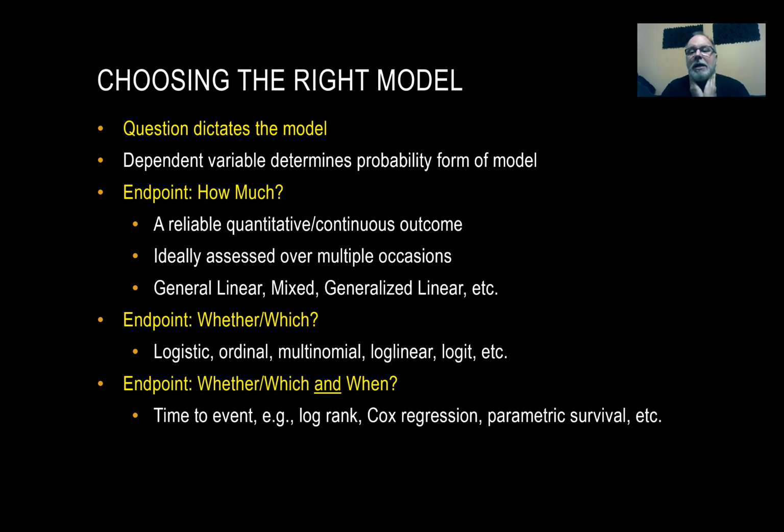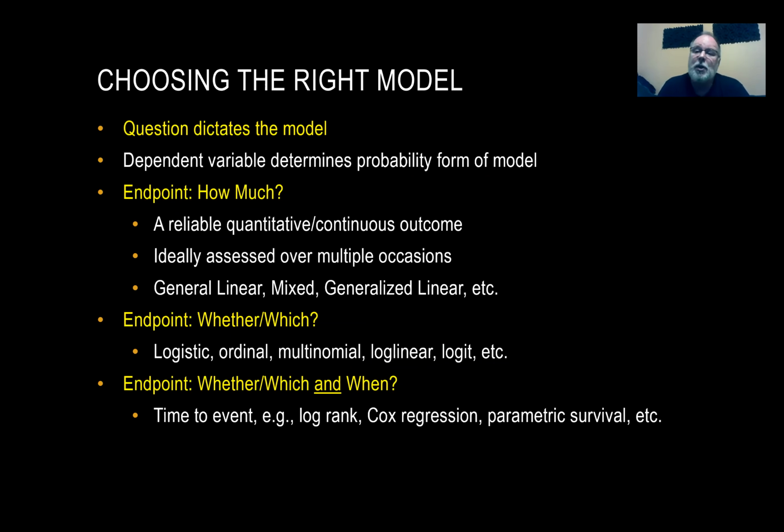Okay, choosing the right model. This is pretty basic stuff. We know that it's the dependent variable that determines the probability form of the model. So if it's a how much, a quantitative or continuous variable, we know we can use general linear models or mixed models or generalized linear models if there's a funny skew to the distribution.